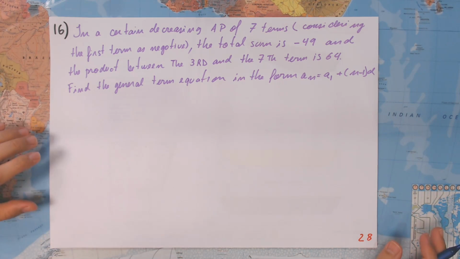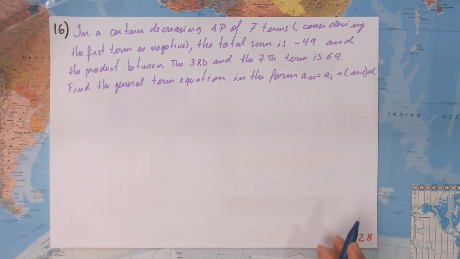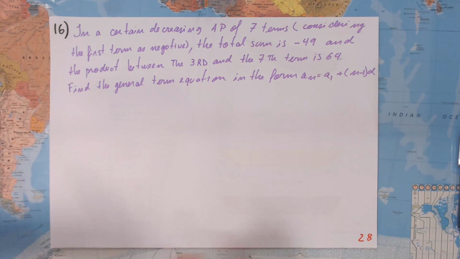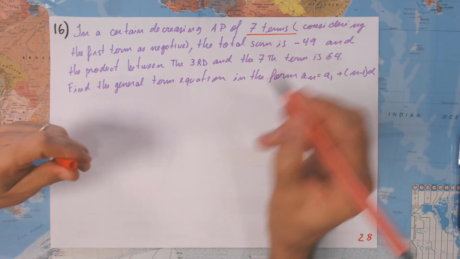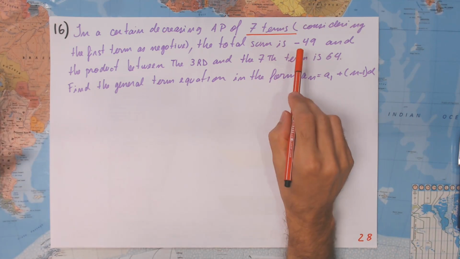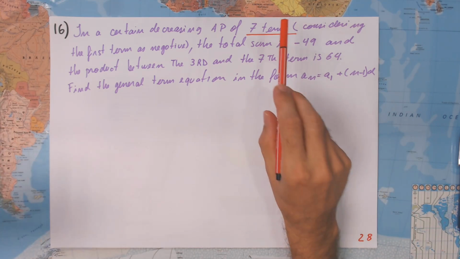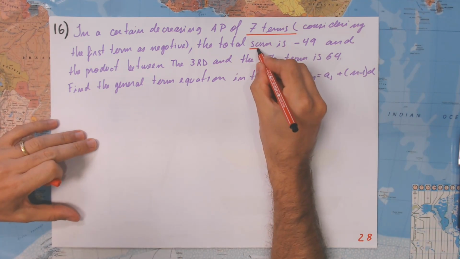Okay, assuming you already had your time, the first thing that we have to notice, we have some clues about how to start our resolution. First, it's 7 terms. From that we can understand that we have an odd number of terms, and we also have the sum.